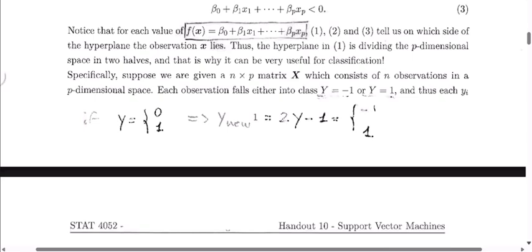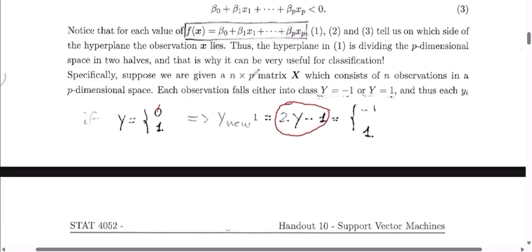Now, when you look at the nature of y itself, don't forget you're doing classification. So we believe the response variable is categorical. So it's going to have a label in the original data. It's labeled as 0, 1, right? If I want to classify a new observation now, I'm going to use 2y minus 1. And I'm going to show you how it's going to work.